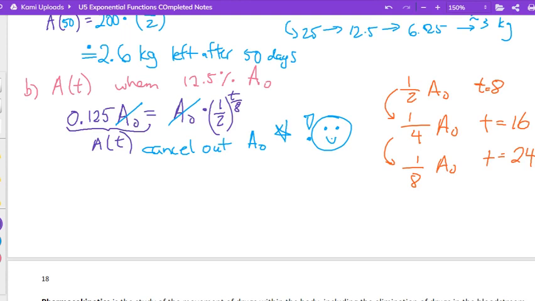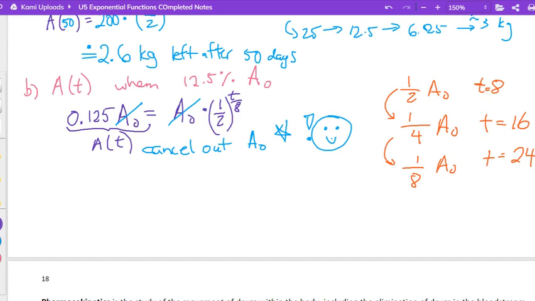All right, so do you see how I canceled out the A naught? Do you see that I actually didn't even need to have the original amount? Folks, this will be on the test. It will be on the homework. There will be a question where you don't get the original amount. And you're going to say, Miss Sly, you didn't tell us how much there is to start with.